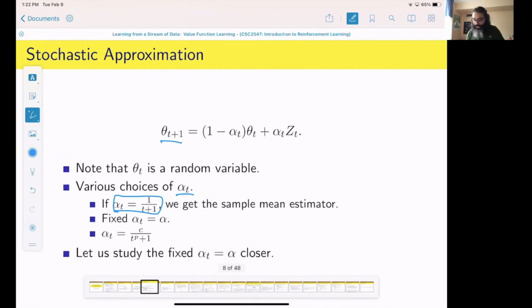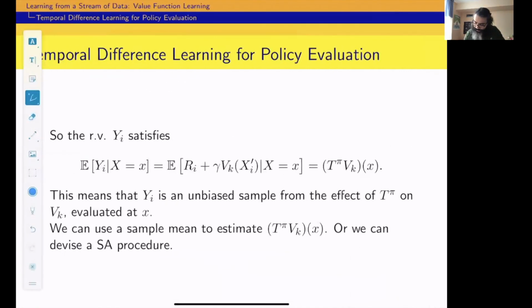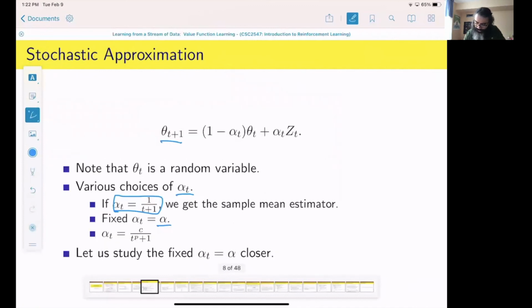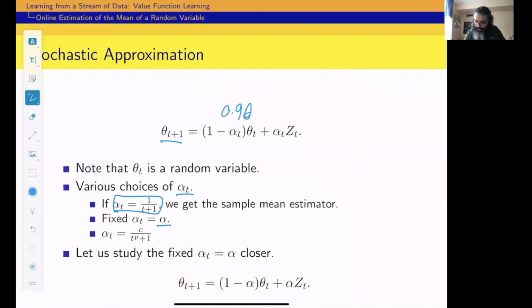For example, what if we choose alpha to be a fixed number, like 0.1, and have the update 0.9 times theta_t plus 0.1 times z_t? That would be an example of a fixed alpha.